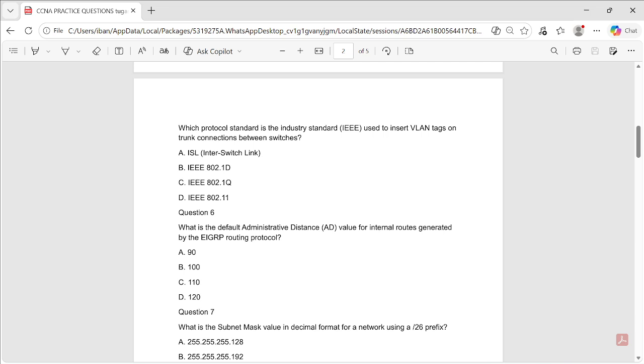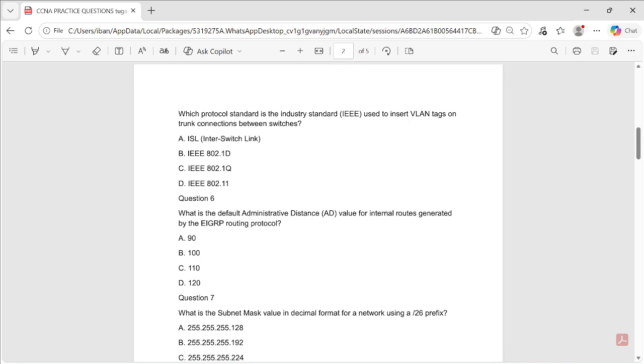The AD in EIGRP is 90, because 110 is OSPF. Sorry, yes, I answer 90.